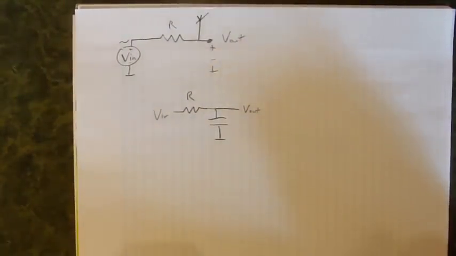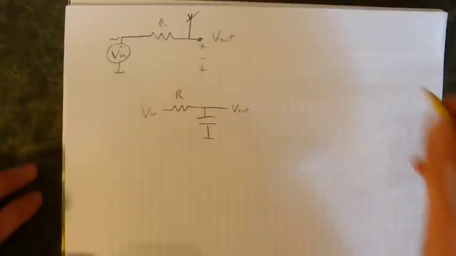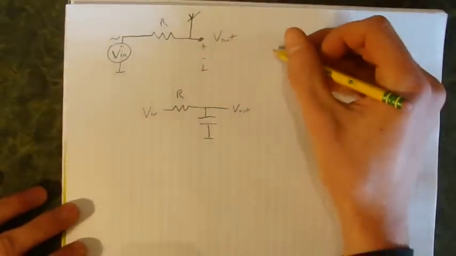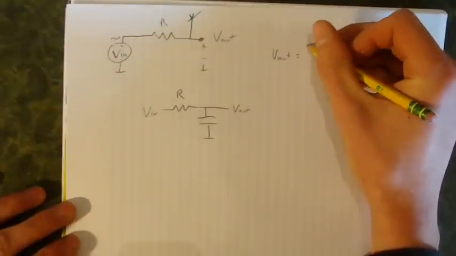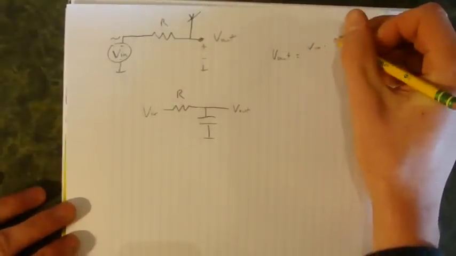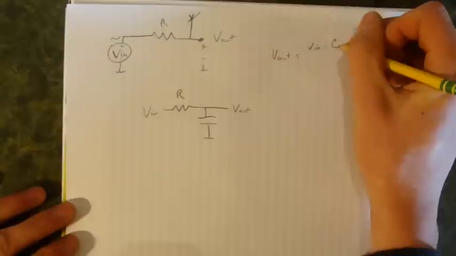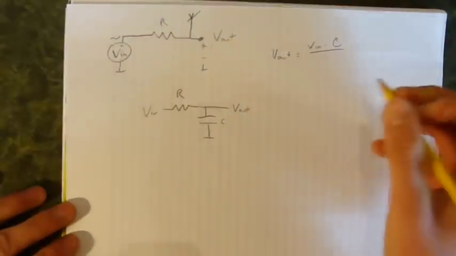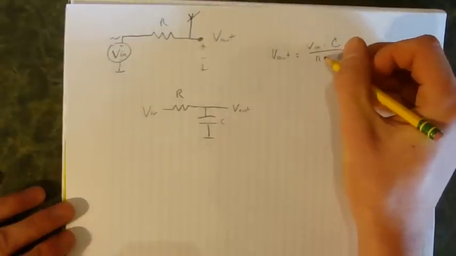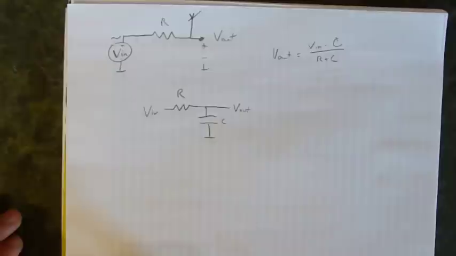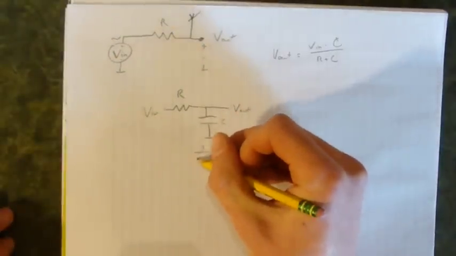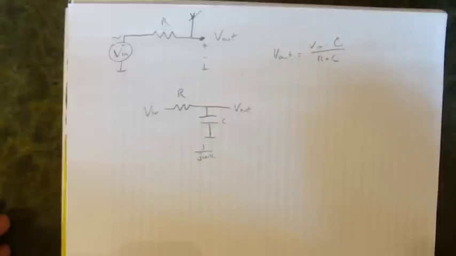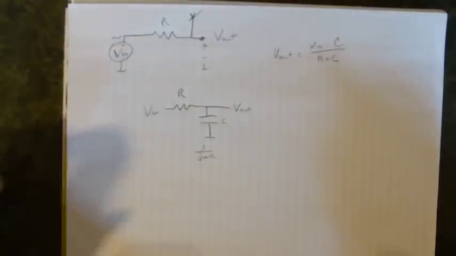Now we can write an equation for this simply using a voltage divider equation, which is Vout equals Vin times capacitor C over R plus C. If we substitute in our impedances, C now becomes 1 over j omega C, which is the complex impedance for a capacitor.